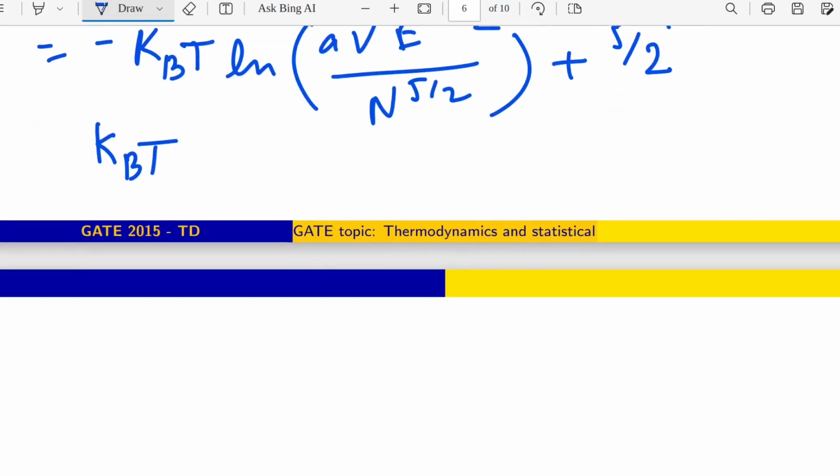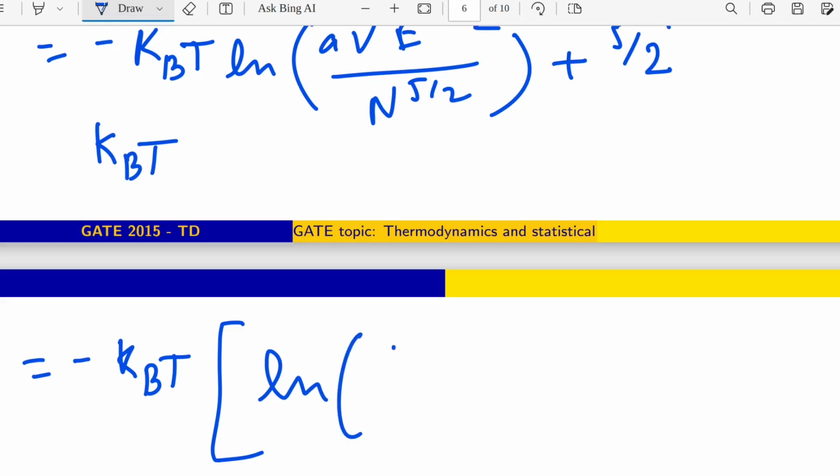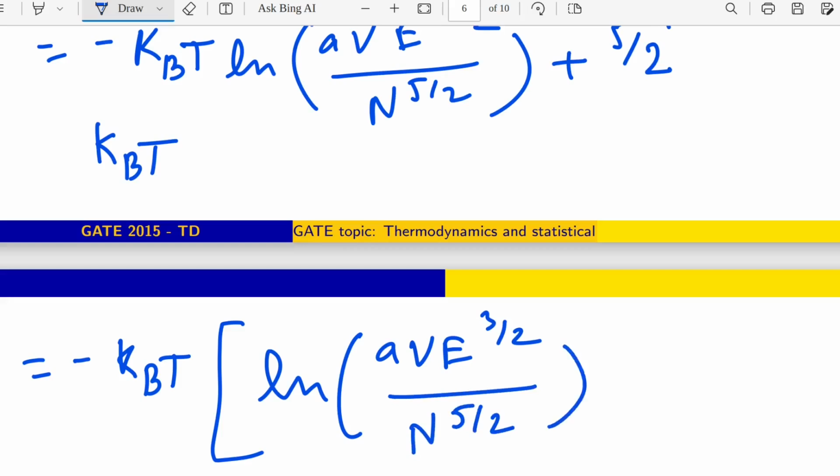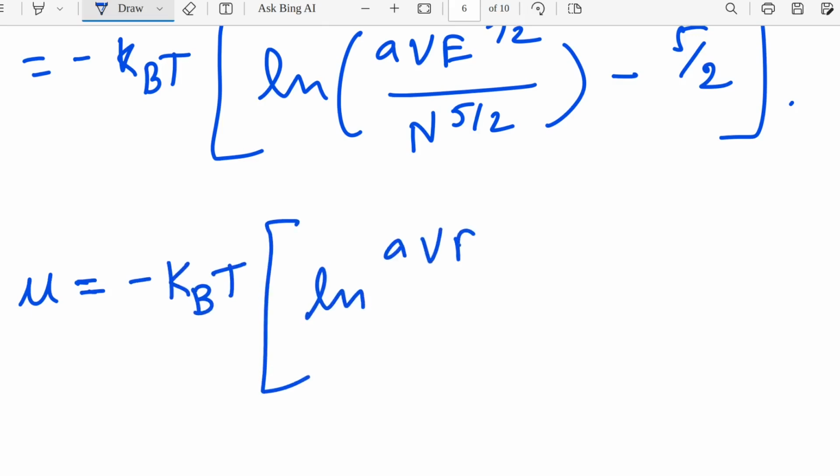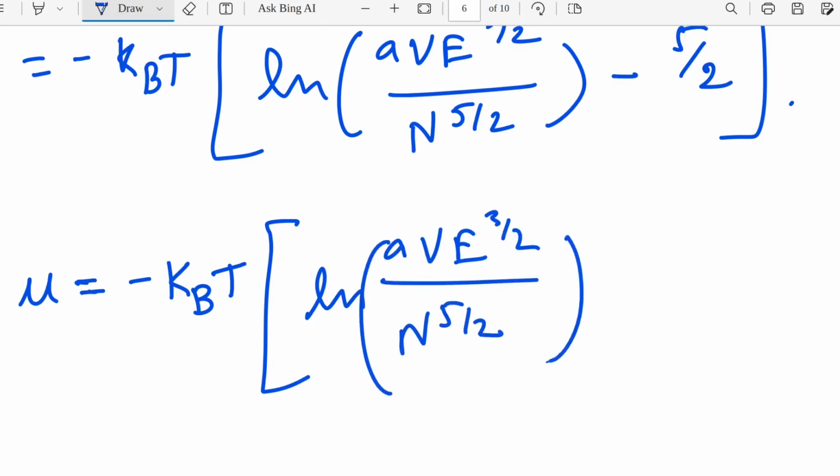Now if I just simplify it a little bit more, then it will be minus kB T, and I'm just going to do a simple mathematics here, and then it will be 5/2. So this is the required expression. Now you can see here our chemical potential, I can write it as minus kB T ln[AV E^(3/2) / n^(5/2)] minus 5/2.